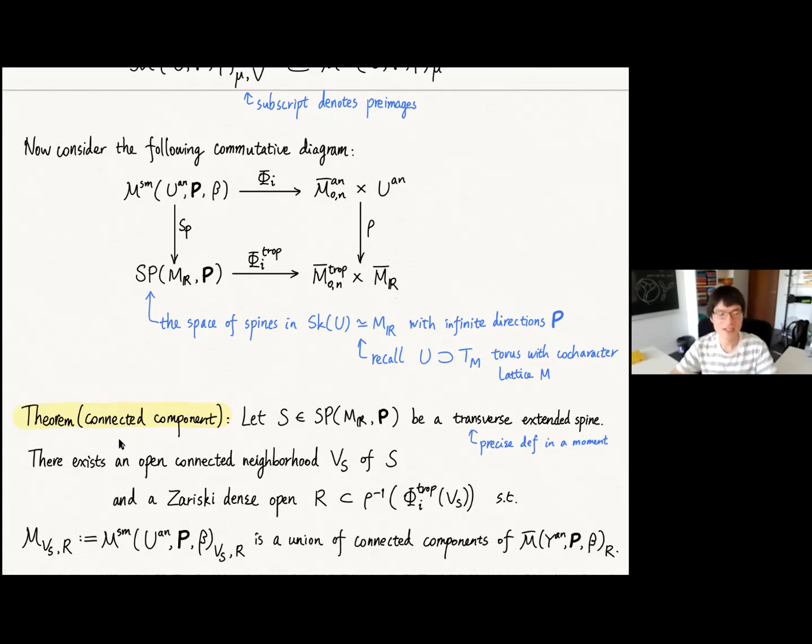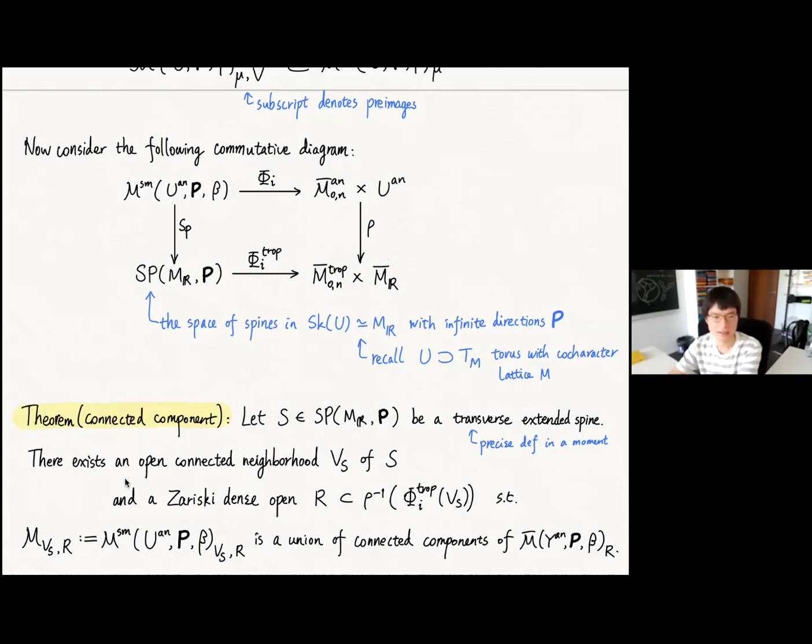Okay, so the statement of the connected component theorem. We consider S a transverse extended spine inside the space of spines. I'll give the precise definition of transverse in a moment.